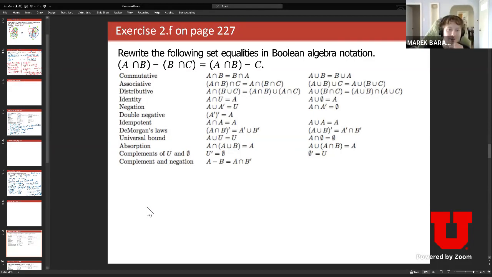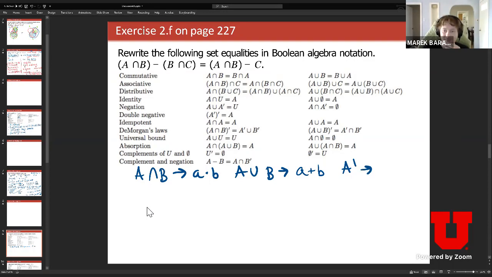So just a refresher, A intersect B goes to A times B, A union B goes to A plus B, and A complement goes to A complement prime if you want. I think that should be enough. I'll give you a minute to work on this.